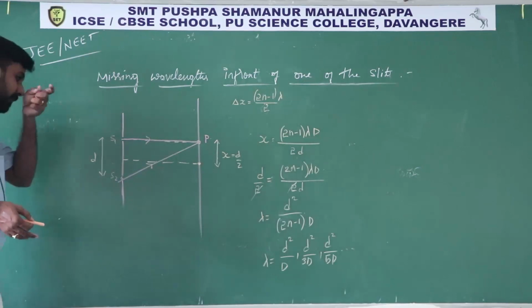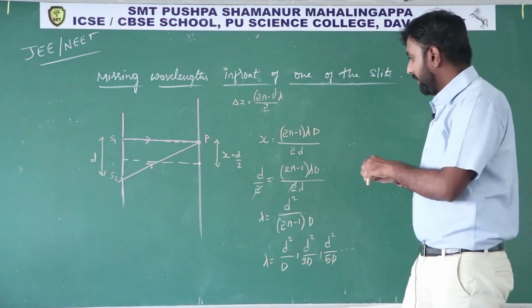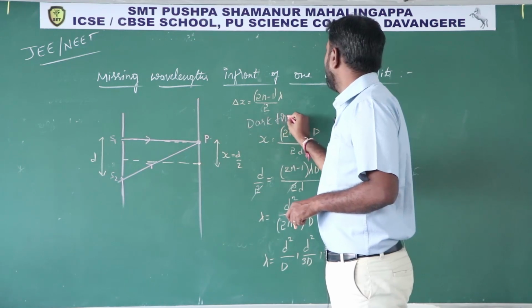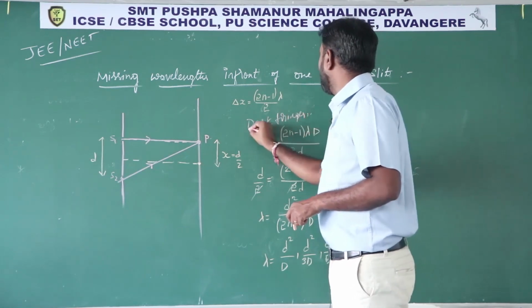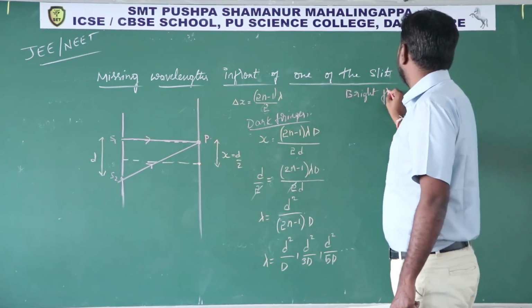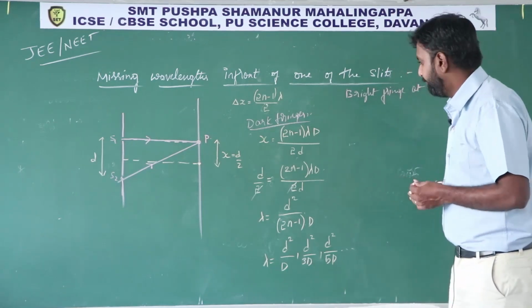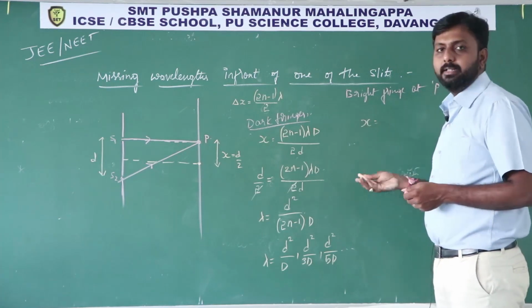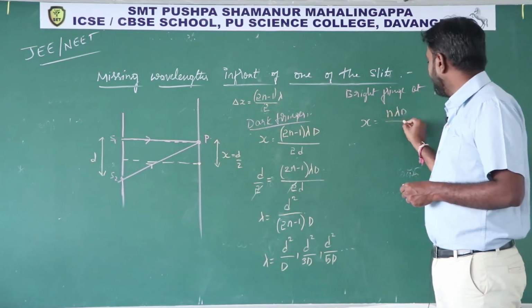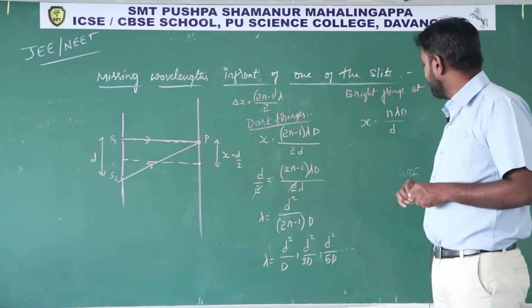Then which wavelengths will form a bright fringe at point P? This was the condition for dark fringes. For a bright fringe at P, substituting the condition for bright fringe, x equals n lambda capital D divided by small d. This is the expression for bright fringe, right?